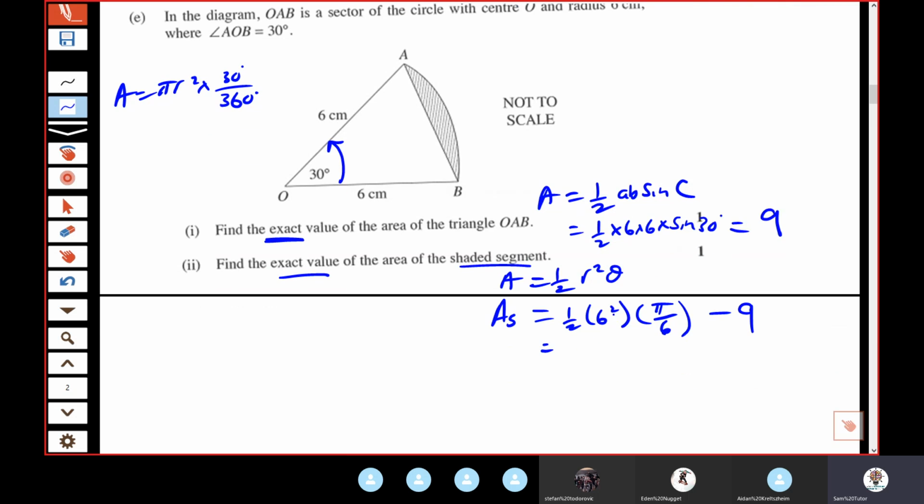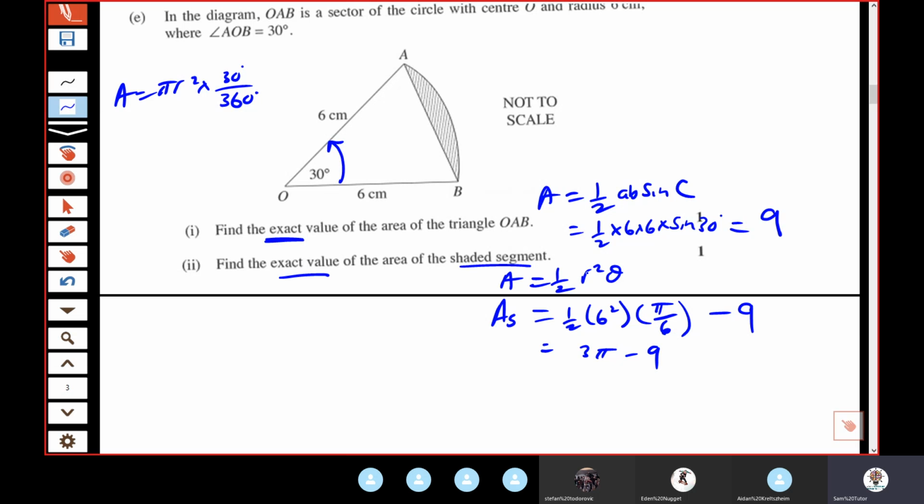So the area of the segment equals half, yeah, that's it. I'm just going to fix it up. 36 on 6 is 6, on 2 is 3 pi minus 9. Is that right? What was your working out? I used half r squared, open bracket, theta minus sine theta. Yep, that's the same formula.